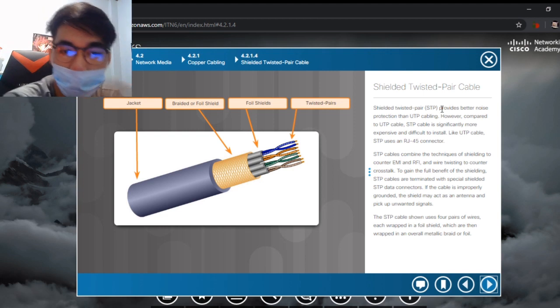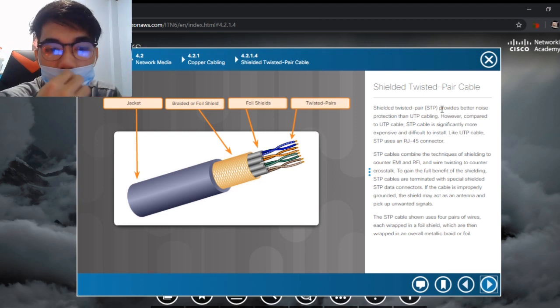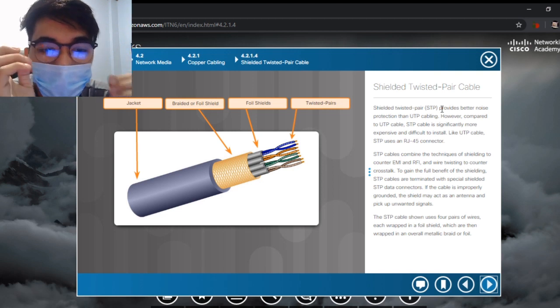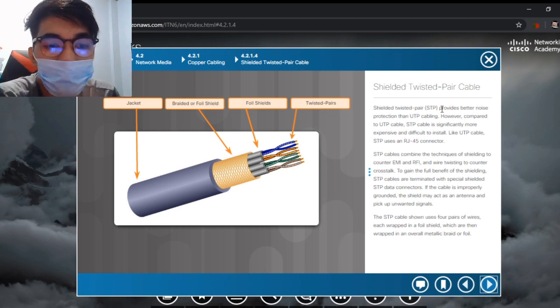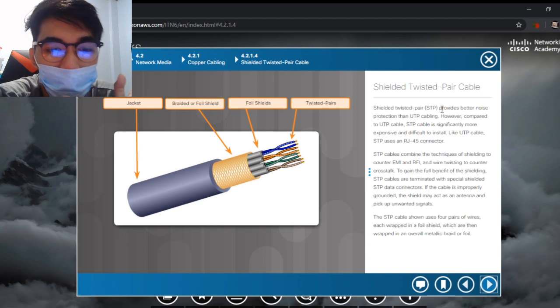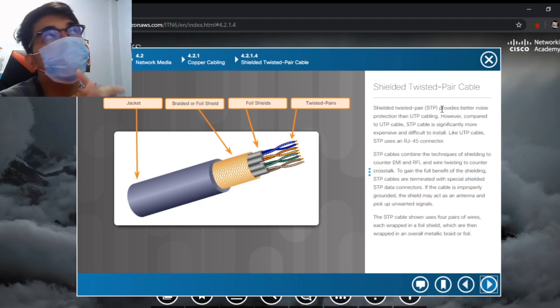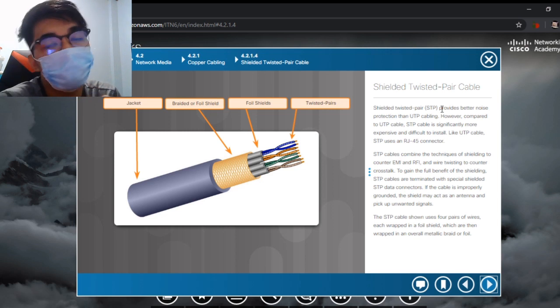However, compared to UTP cable, STP cable is significantly more expensive and difficult to install. Like UTP cable, STP uses RJ45 connectors. I think there's no STP in our physical, but just UTP with RJ45.